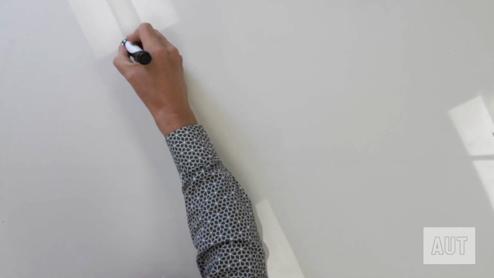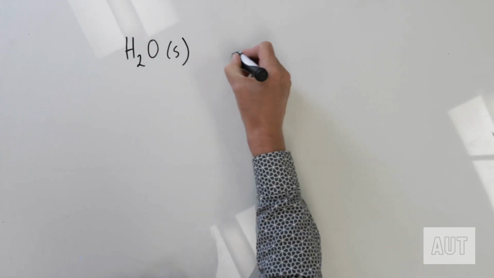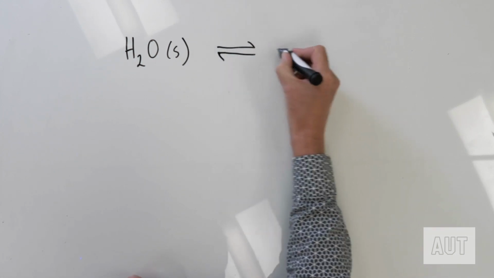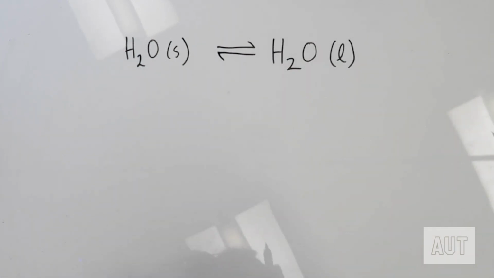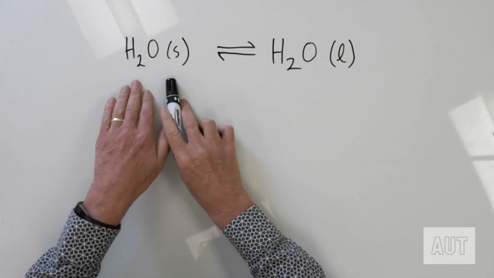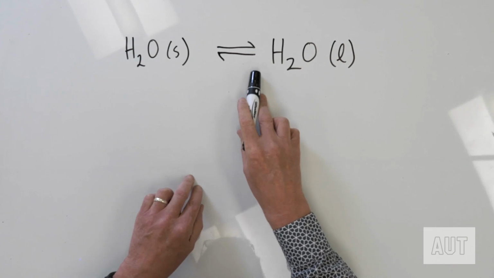So first of all, how do we denote an equilibrium? Well, let's take ice in equilibrium with liquid water, and we would write this equilibrium like this, okay? We would say, okay, we have ice here, solid water, and here the equilibrium symbol, okay?